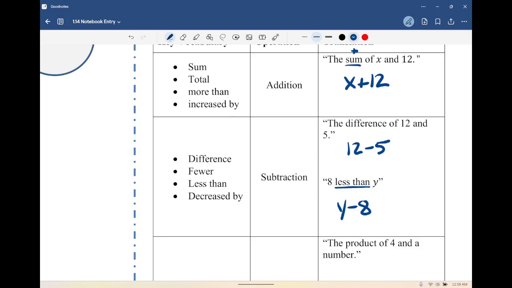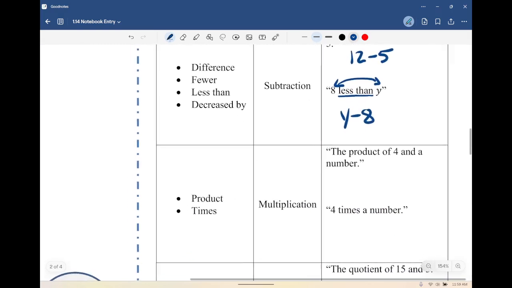And so again, when we see less than, you're going to see me make a lot of these arrows. They have to change positions. Now, subtraction admittedly is the only one that's this sort of difficult and requires critical reading. Everything else is fairly straightforward.